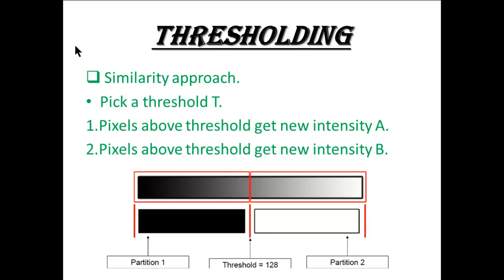The threshold value is, for example, 128. Now the pixels up to 128 will be in partition 1 and pixels greater than 128 in partition 2. A can be known as one intensity and B as the other.